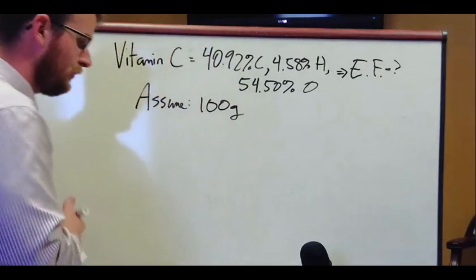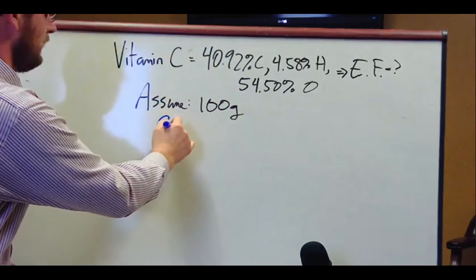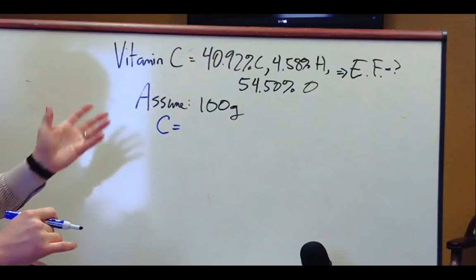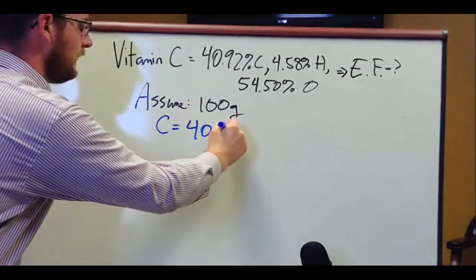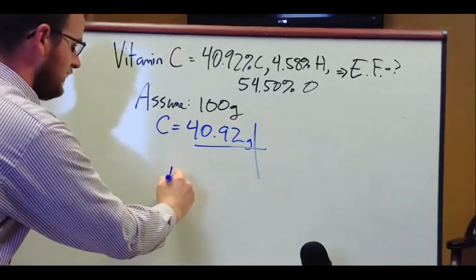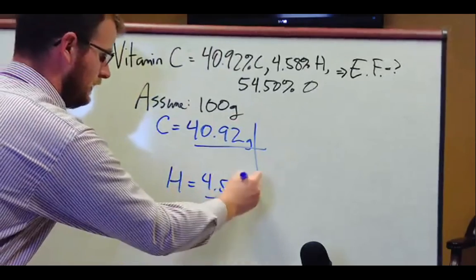And so what do I mean by making the math a lot easier? So if we have 100 grams of total sample, how many grams of carbon are in this sample of vitamin C just by looking at the percentages? That's right, 40.92 grams. And then how much hydrogen? 4.58 grams.